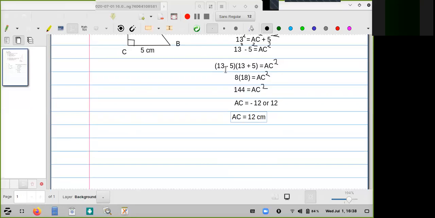Now, here I've just made use of difference of two squares, for the sake of fun of it. But we may not make use of factorization.